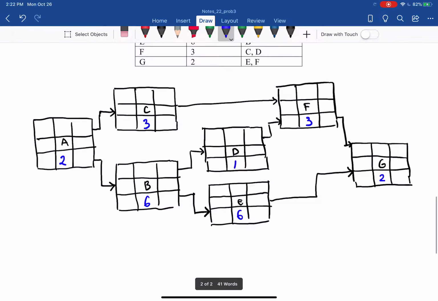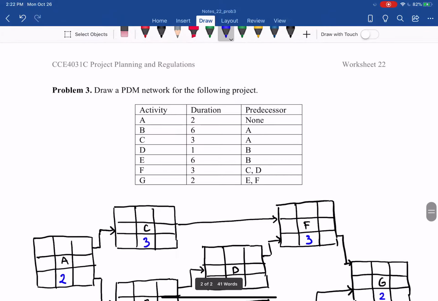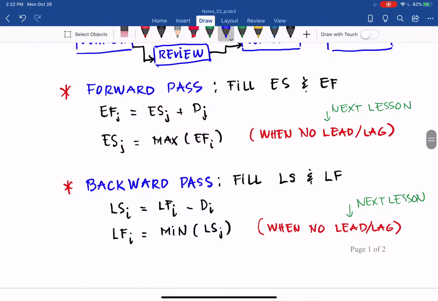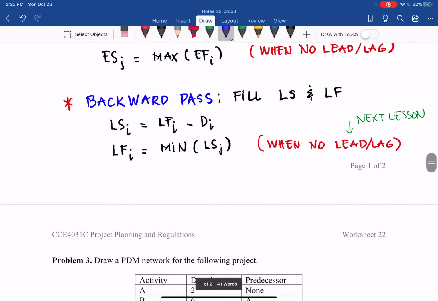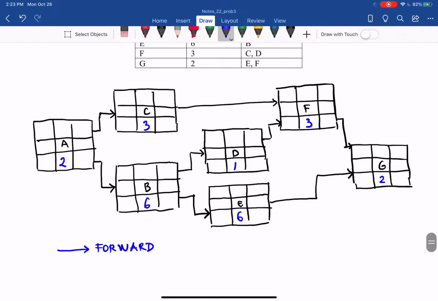And when we have that, we can do the forward pass, from left to right, to fill out the early start and early finish, with early finish equal to early start plus duration, and early start of the successor equal to the maximum early finish of the predecessors.